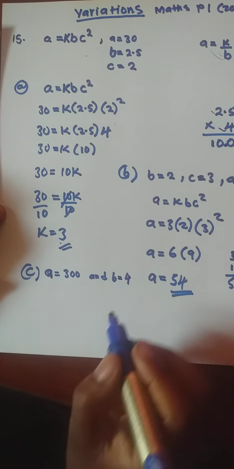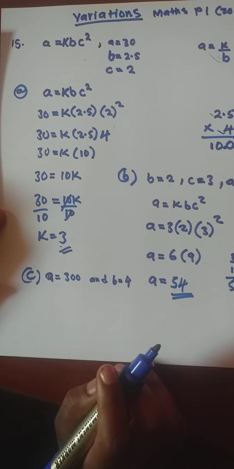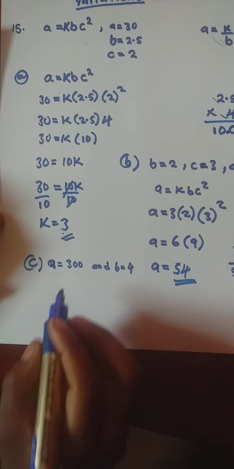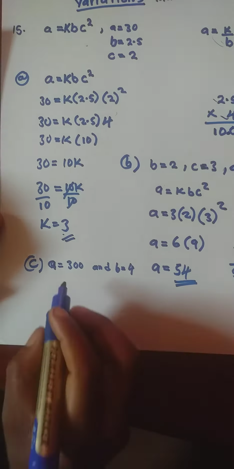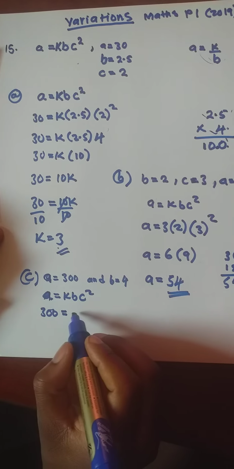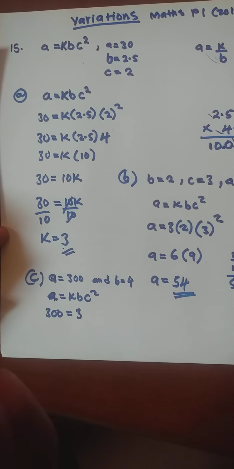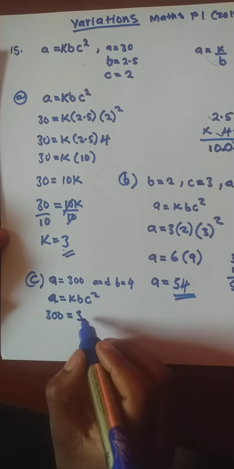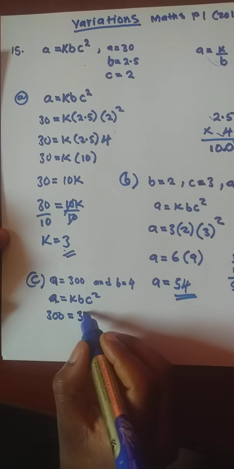Then they want you to find the values of C. Remember our expression is A is equal to KBC squared. So A we have been given is 300. Then our K we have found already, the constant is 3. And then we have been given that B is 4.